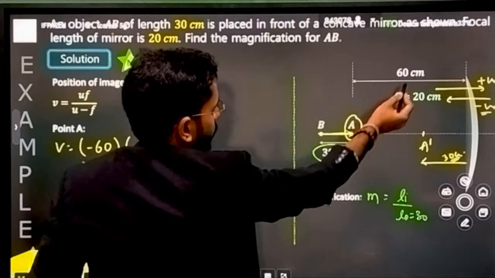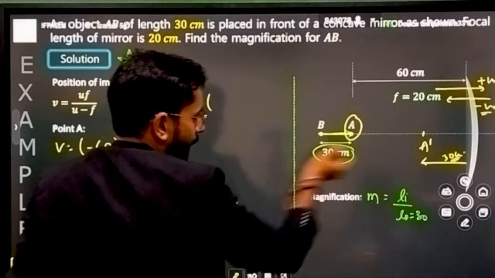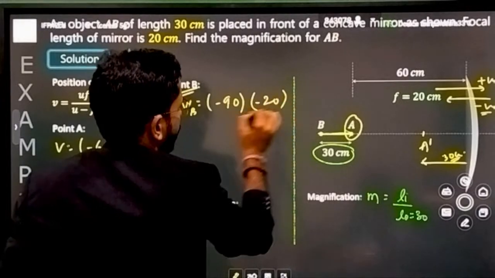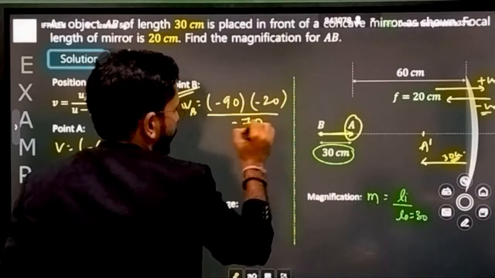Firstly, calculate what is U. 60 plus 20 plus 30, that means 90, and 90 in negative direction, minus. Focal length again minus 20, divided by minus 90 plus 20, that is minus 70. I am directly writing it.